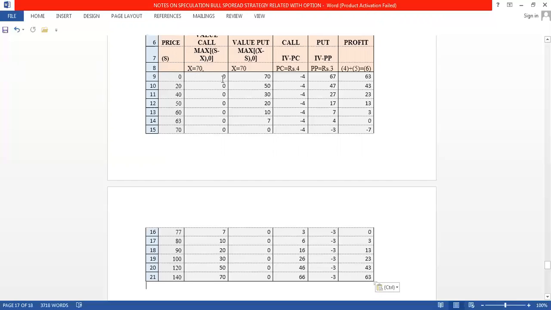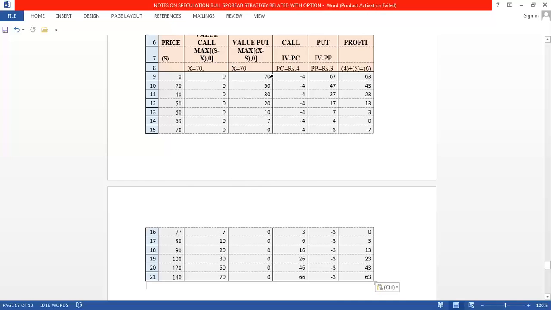So this is the formula in Excel that we have applied, and by copying the formula in all the rows, we are getting the intrinsic value of the call option. But in the exam, you have to do the detailed calculation by your own hand by using this formula. So just see, for call option up to 70, my right has no value. After 70, the value becomes positive.